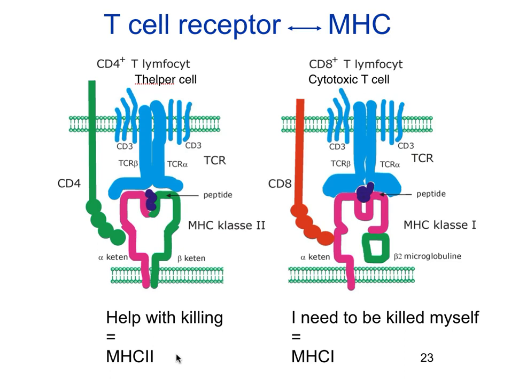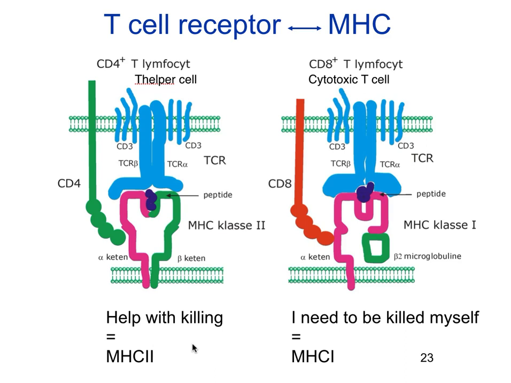MHC class 2 is only present on antigen presenting cells and can communicate with CD4 positive T cells. And CD4 positive T cells help other cells with killing. So if a macrophage has eaten bacteria and it needs some help killing these bacteria, it can tell the T cell through MHC class 2, hey, you know what, I need some help killing whatever I've eaten, so help me out here.